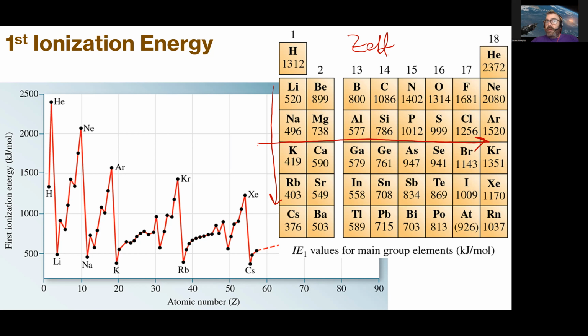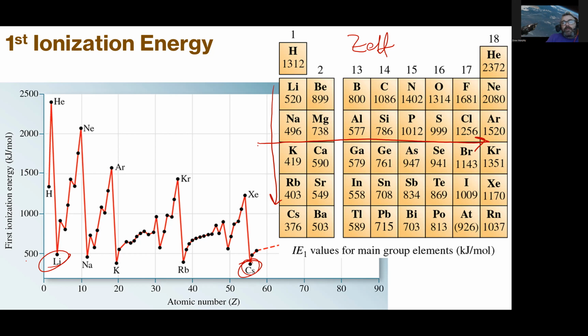Lithium is going to care a lot more because it only has 3, so it's going to notice one is gone a lot more. Cesium has 55. It doesn't really care. It's like, here, take it, I don't want it anymore. So it's easier to remove an electron from cesium than it is from lithium because the effective nuclear charge is smaller.